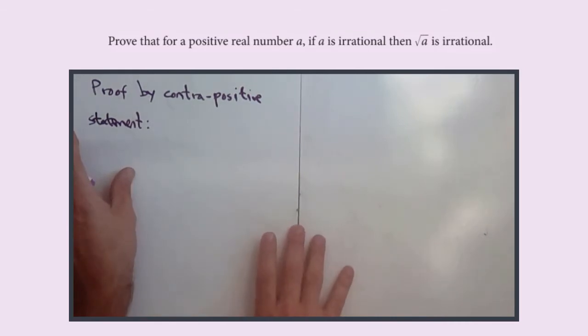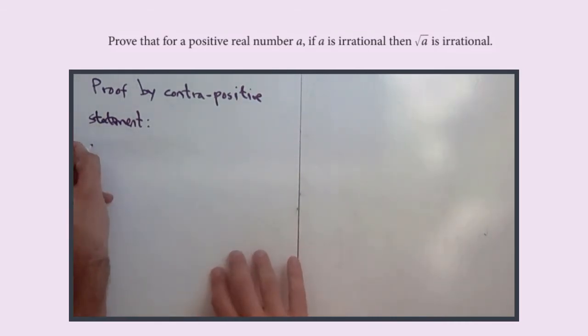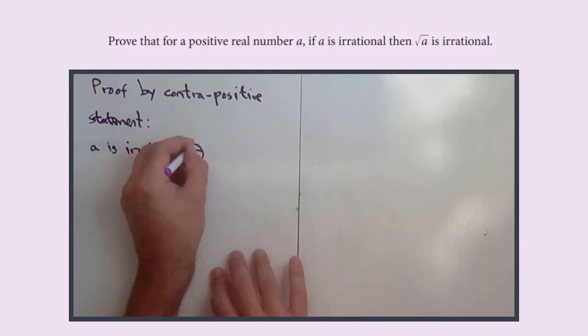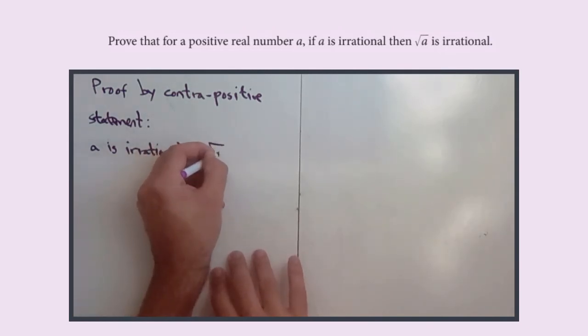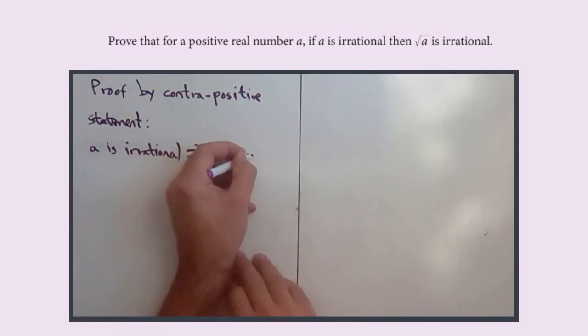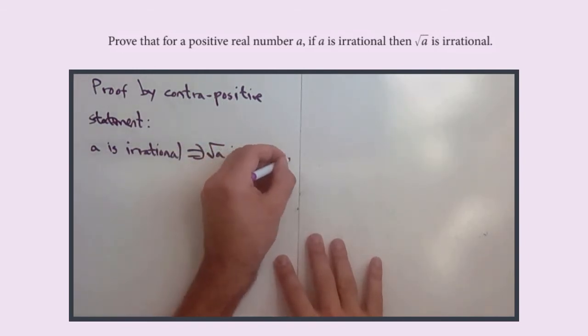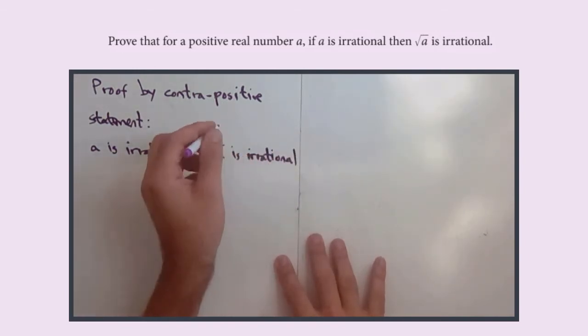The statement is, if a is irrational, then root a is irrational. So that is the statement.